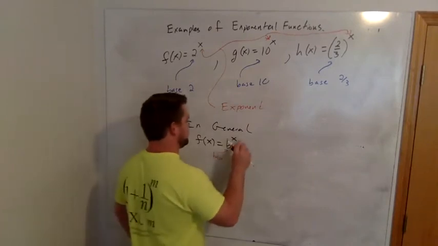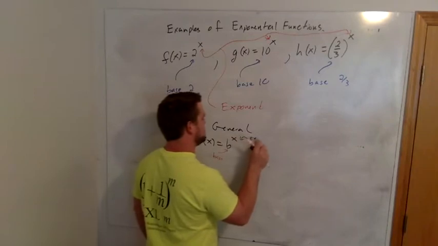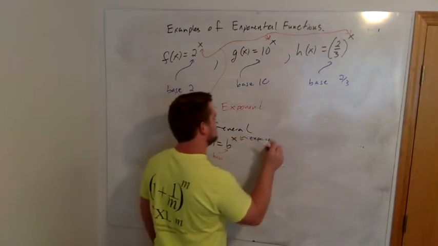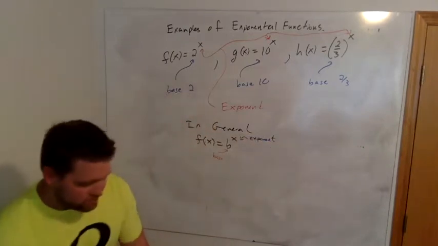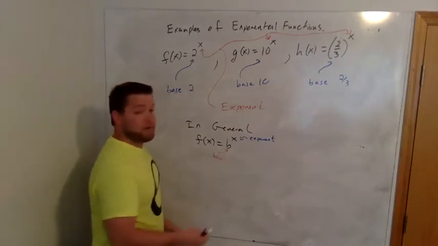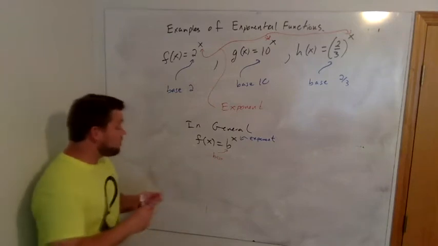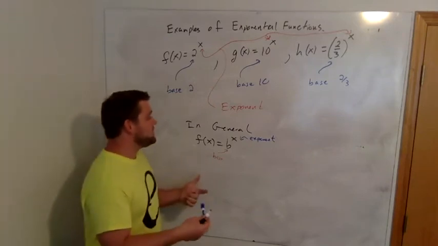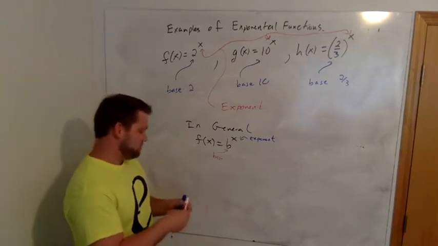And the x we call the exponent. Okay. We want to talk about this a little bit more, though, because it turns out that we only really care about specific bases b. There are conditions on b that we need to make to be able to get an exponential function.